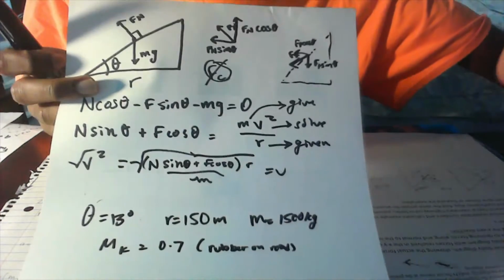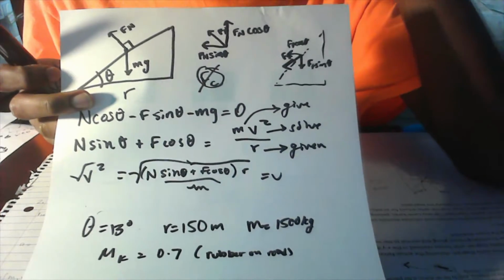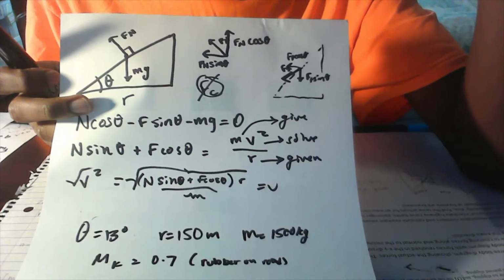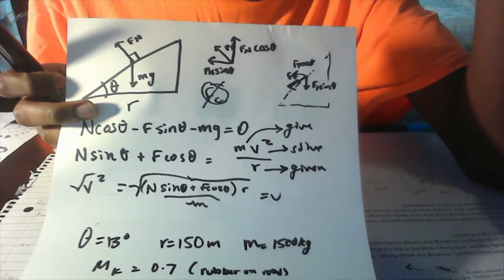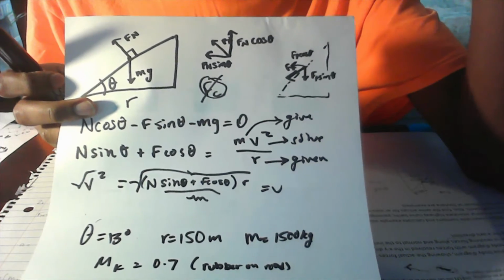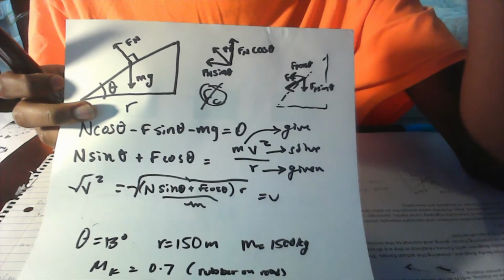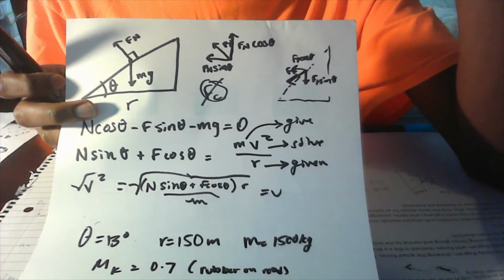The mass of a car is around 1,000 to 2,000 kilograms, average 1,500, and then the coefficient of static friction between rubber tires and road is around 0.7. For a race car we want an optimal amount of friction to prevent slipping, so that they can bank the curve without slipping up or down.